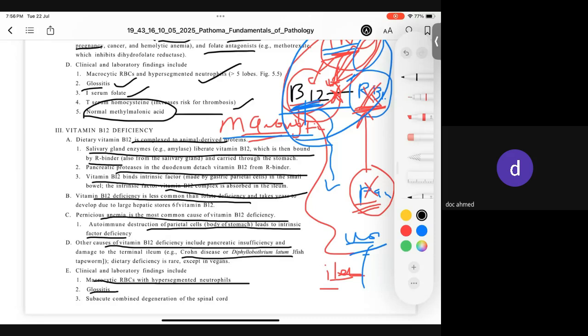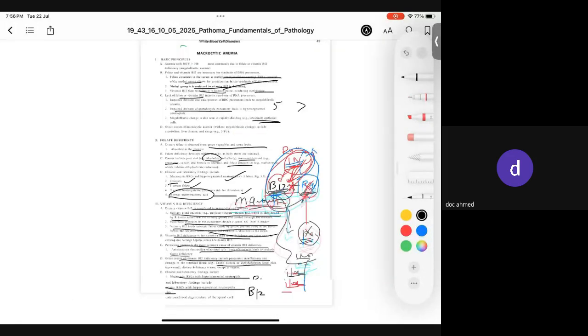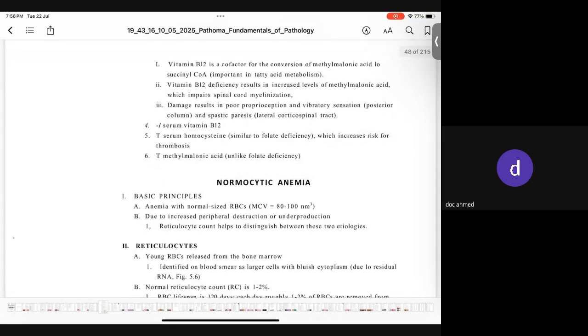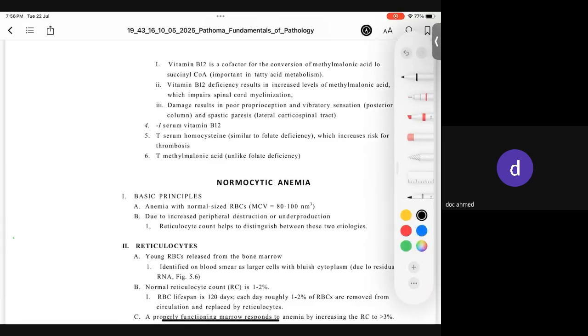Remember one thing, B12 is really important for, let me show you here on the next one, converting your methylmalonic acid to succinyl coenzyme A. B12 is a cofactor for that conversion.